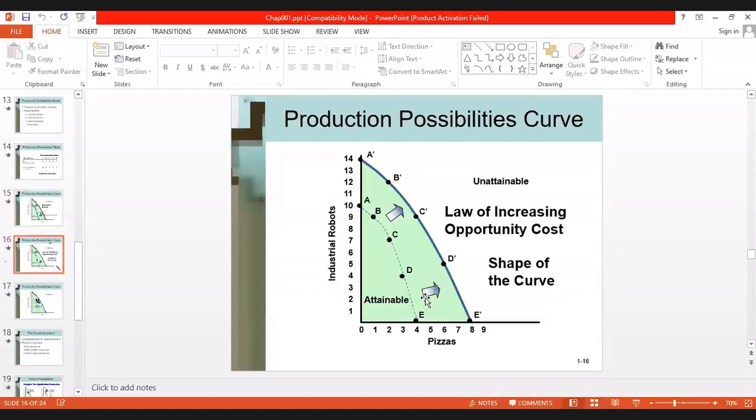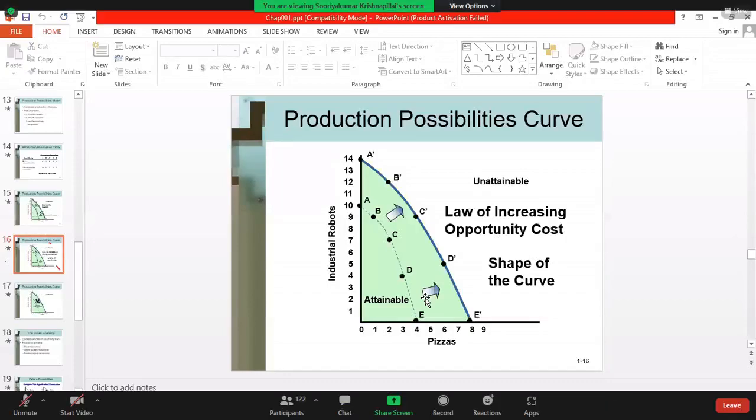When technology and the quality of resources improve, the production possibility curve shifts outward. That is what we call economic growth. So every year the country's production possibility curve shifts outward.